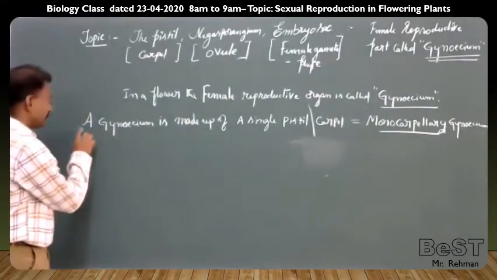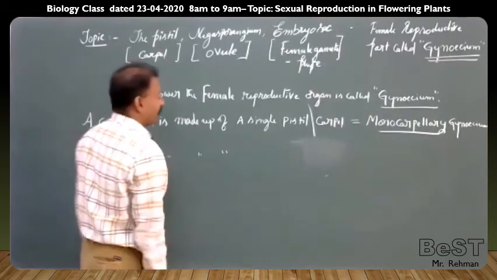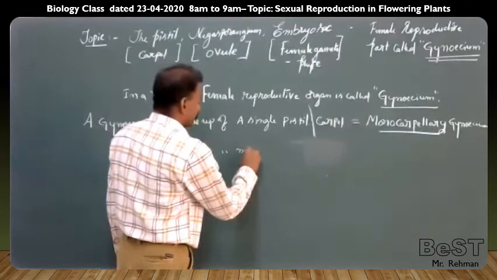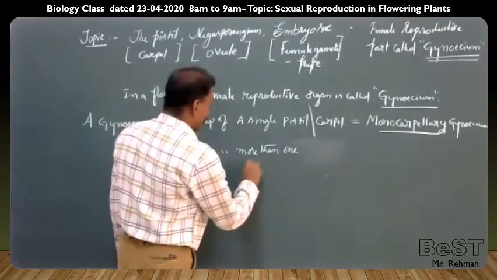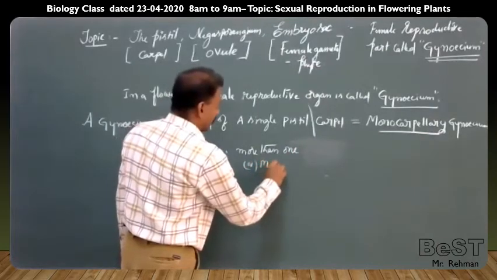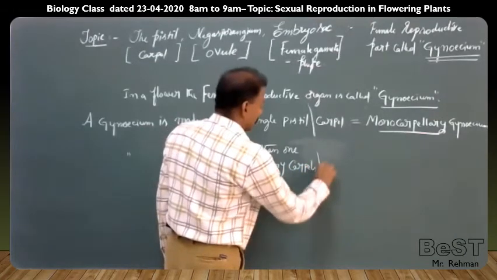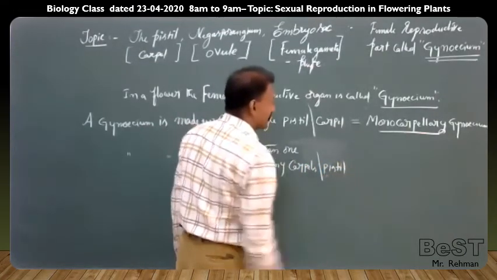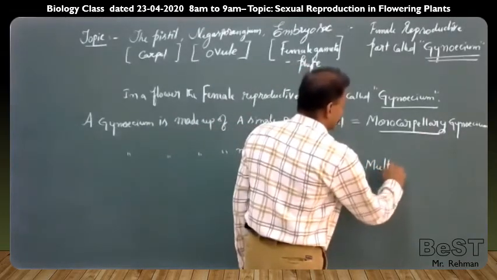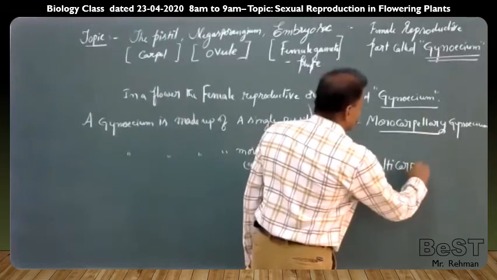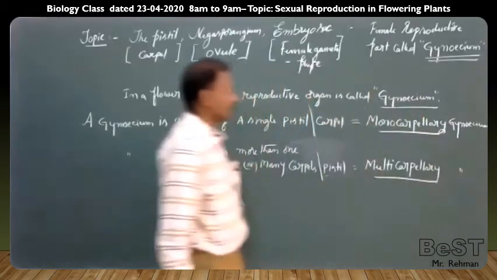If a gynoecium is made up of more than one or many carpels or pistils, such a gynoecium is called multicarpellary gynoecium.